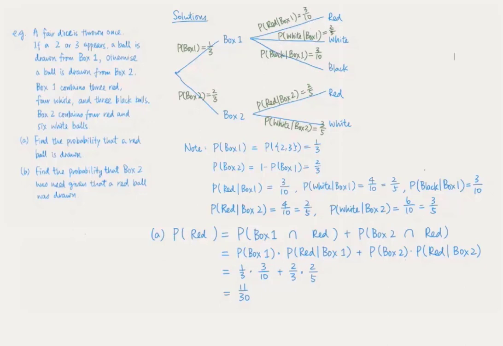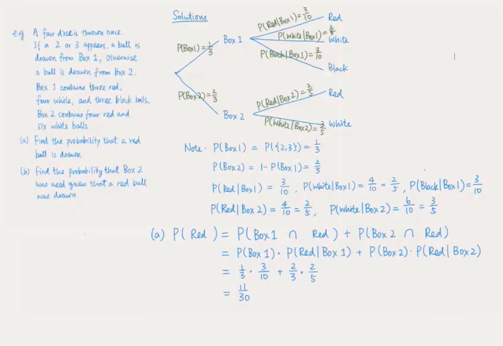Likewise, the probability that a white ball is drawn given that it is drawn from box 1 is equal to 4 over 10, that is 2 over 5. And the probability that a black ball is drawn given that it is drawn from box 1 is equal to 3 over 10.